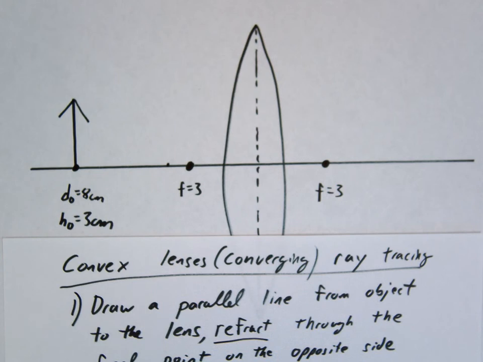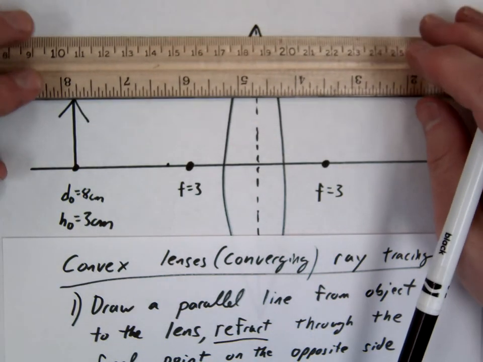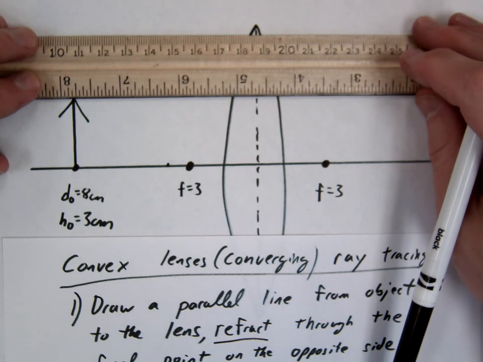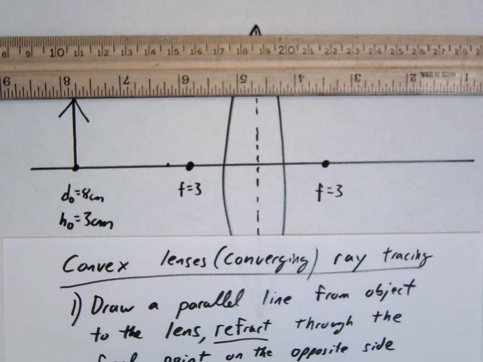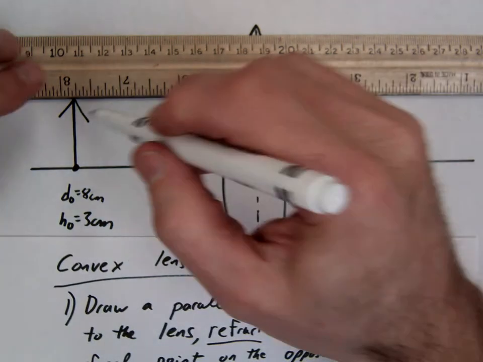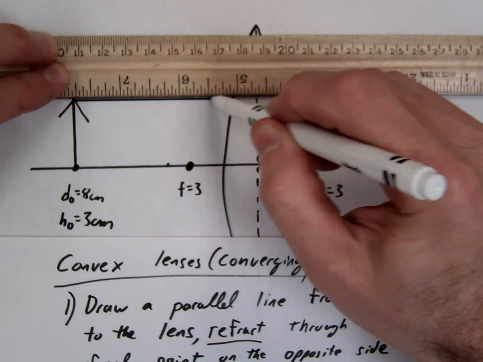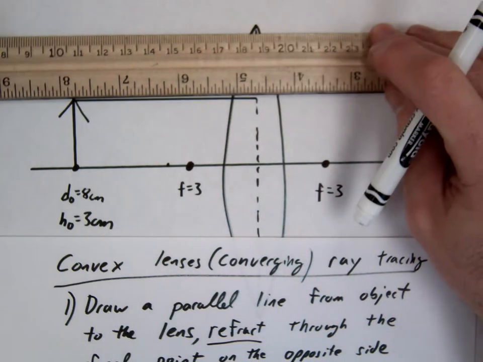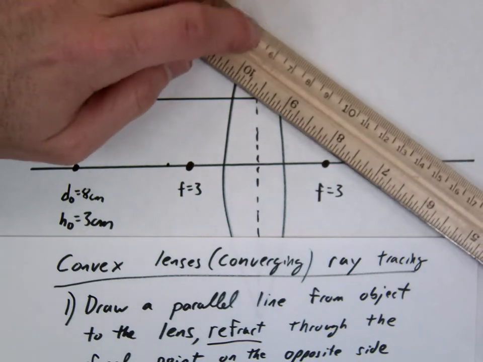Okay, so you're going to draw a parallel line from your object to the lens. Okay, like this. And then you're just going to refract it.